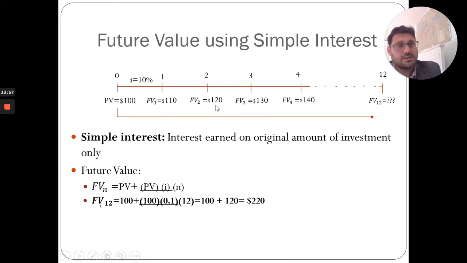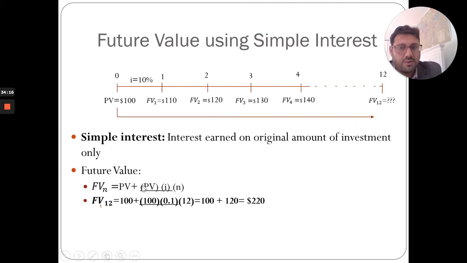The same $10 for the first time period, and $10 for the second time period. So you have 120. Likewise, $10 will keep getting added for the subsequent years.